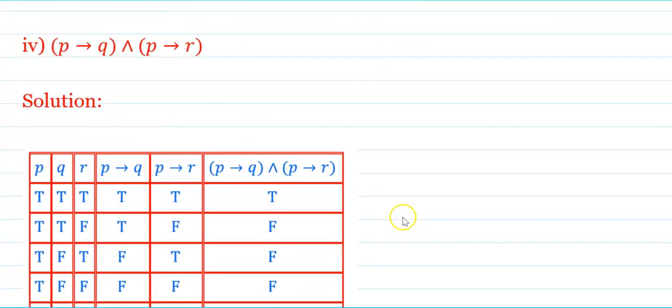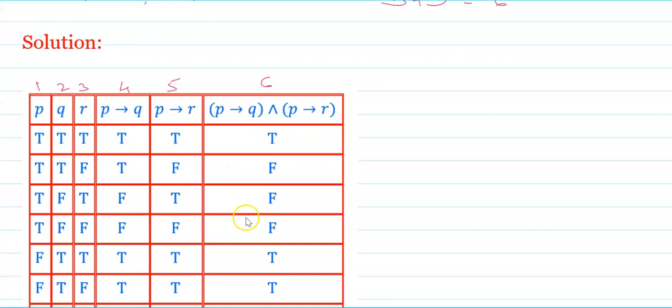Okay. Now the next, fourth one: P implies Q and P implies R. How many statements are there? 3 statements. And how many connectives are there? 1, 2, 3. 3 plus 3 equals 6 columns are needed. This is 1, 2, 3, 4, 5 and 6.